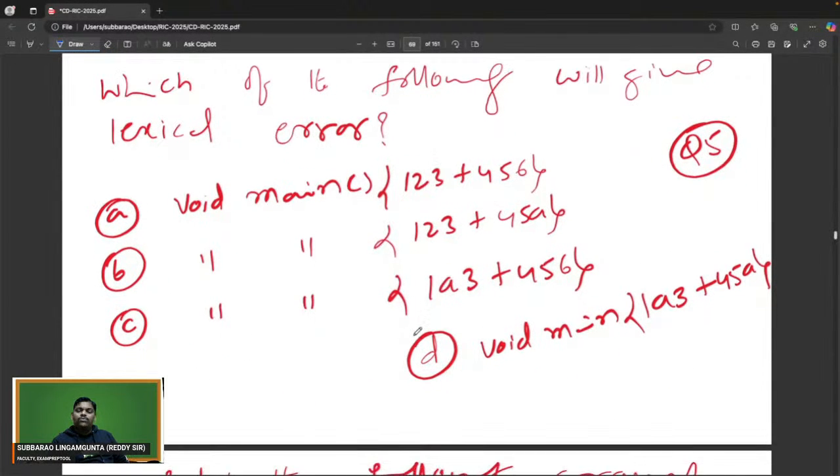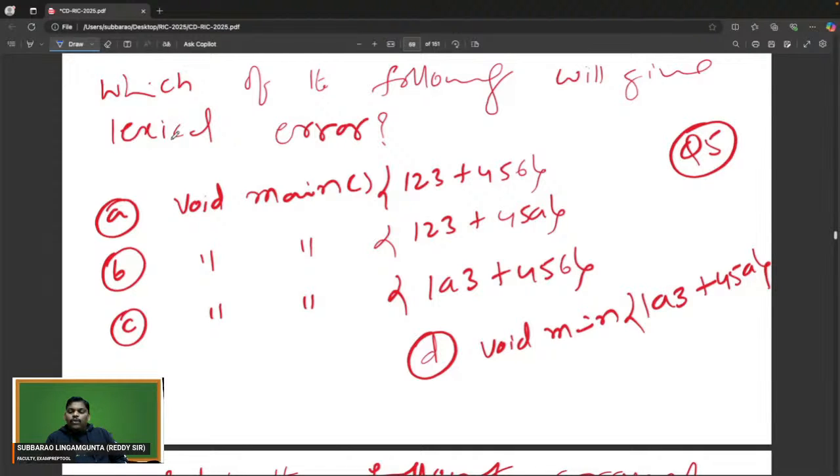What about this? Which one of the following will give lexical error? Can everyone try this?